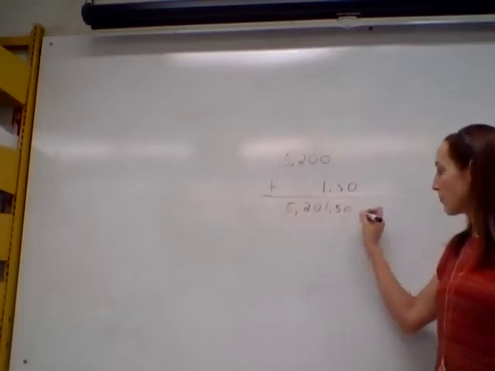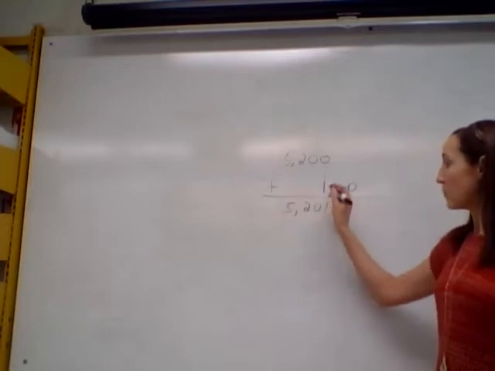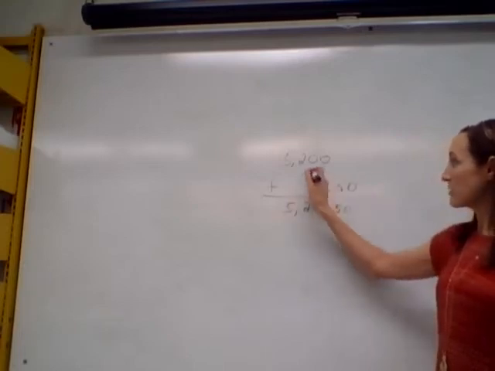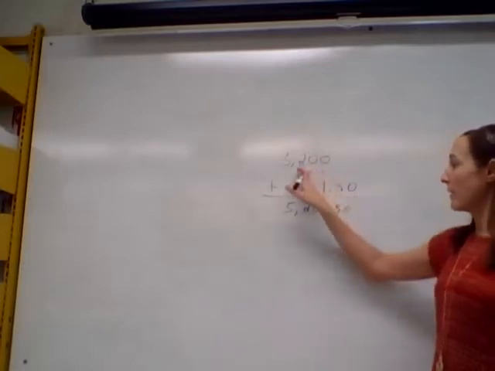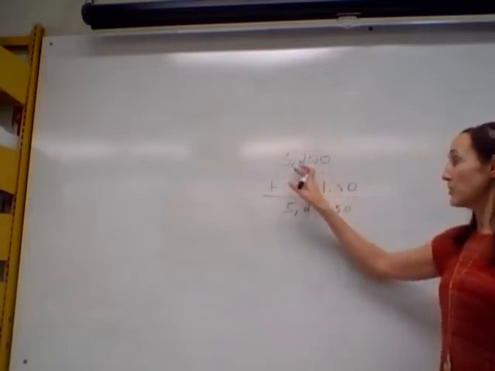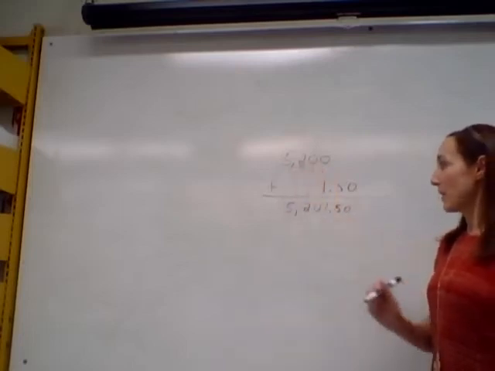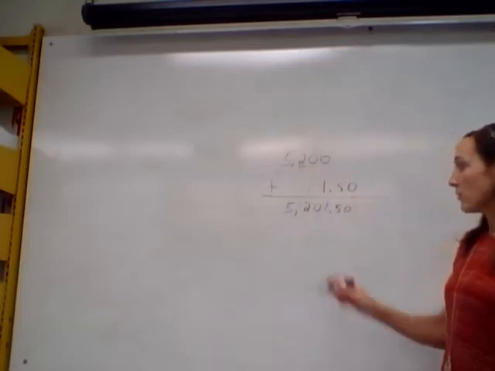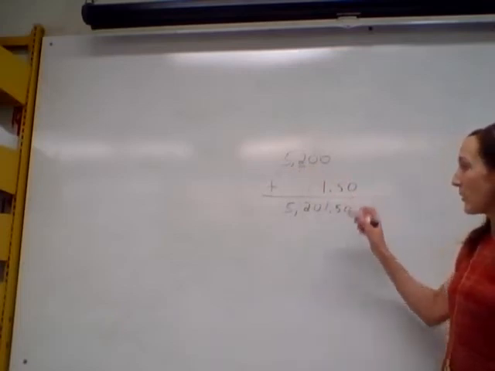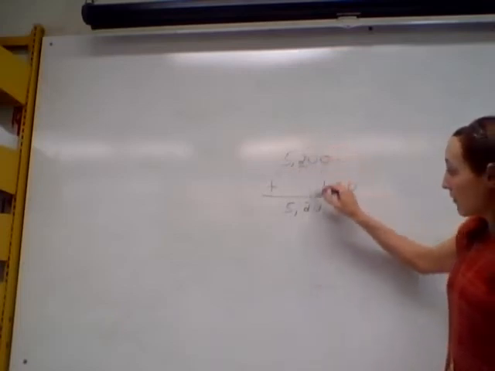The number that you should report is, again, whichever is my least precise number. So for this number, my estimation, my uncertainty begins in the hundredths place. This is my least precise number, to the hundredths place. So that means that my answer actually needs to be rounded to the hundredths place.